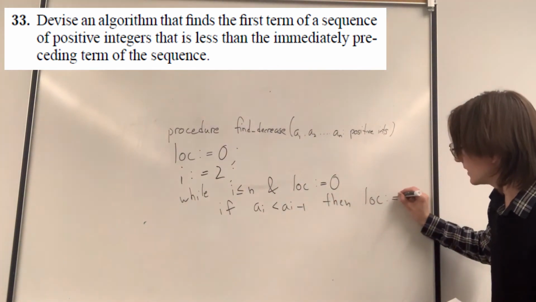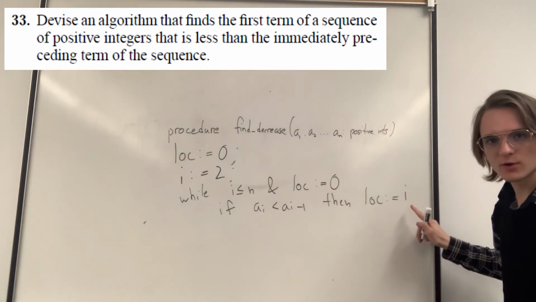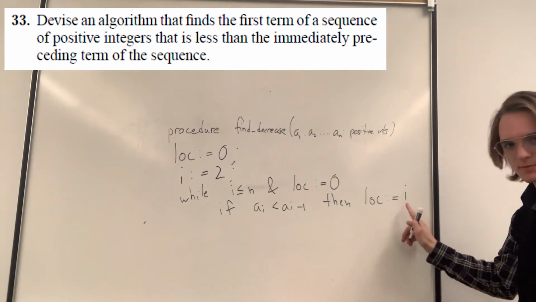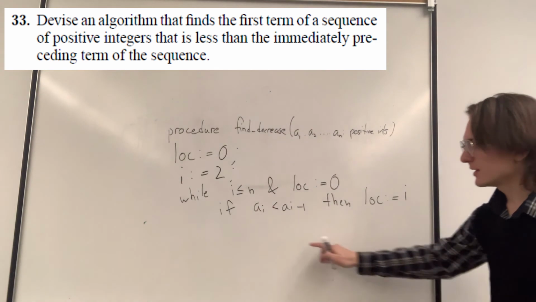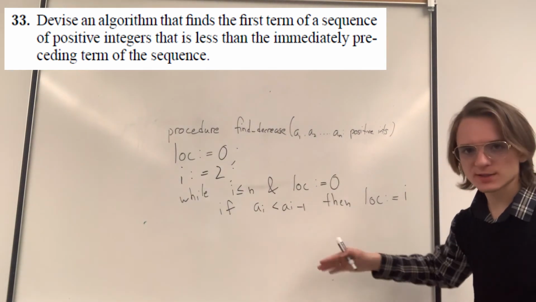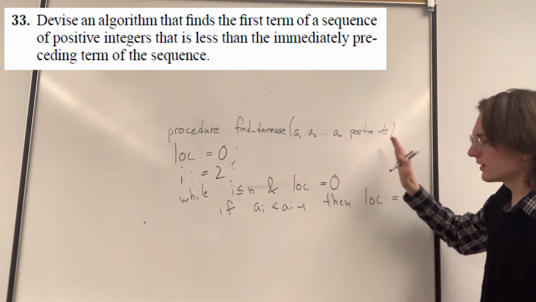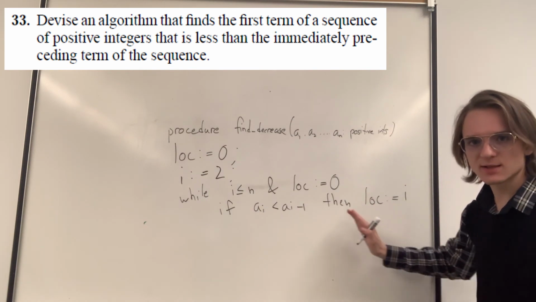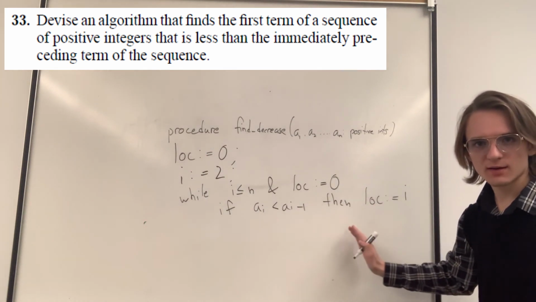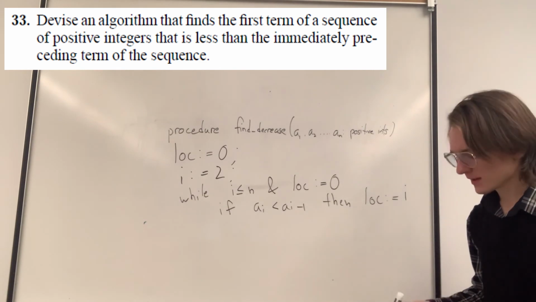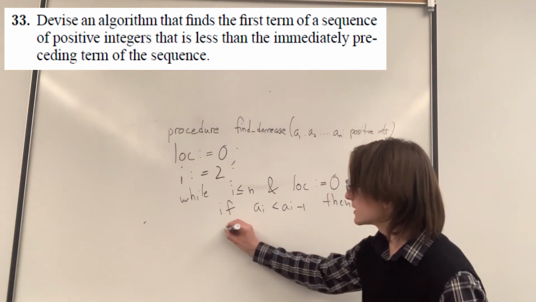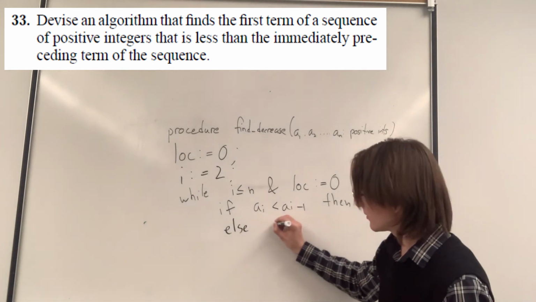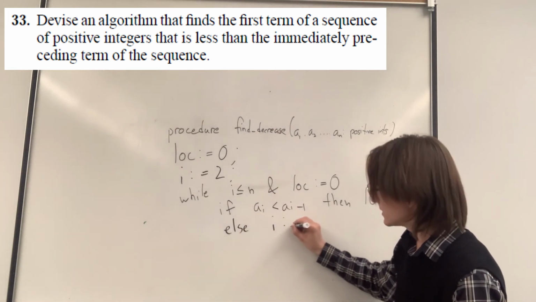We set location equal to whatever the current iteration of the loop is, which is i. And this, of course, a of i less than a of i minus 1, is saying that the current element, the current iteration, is less than the previous element within the array.